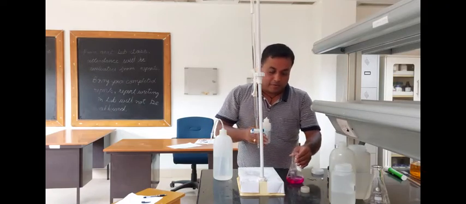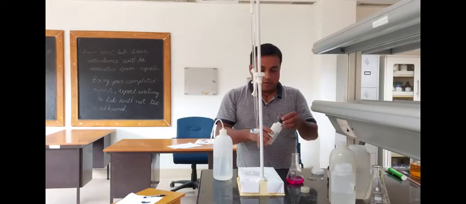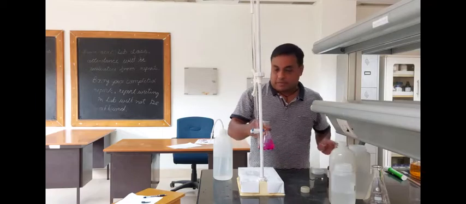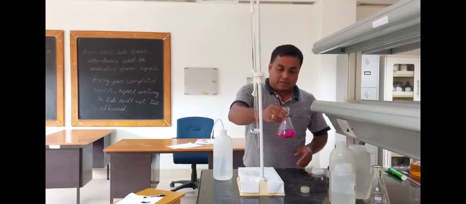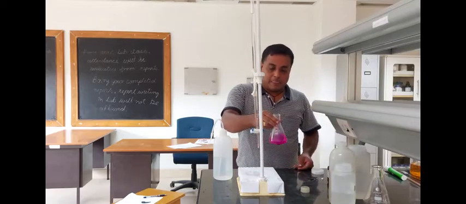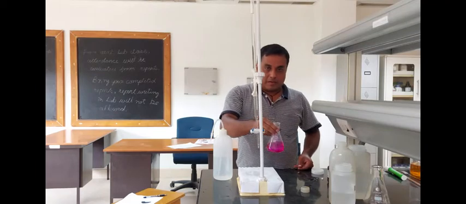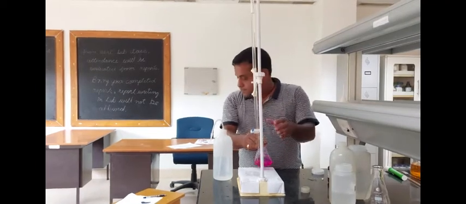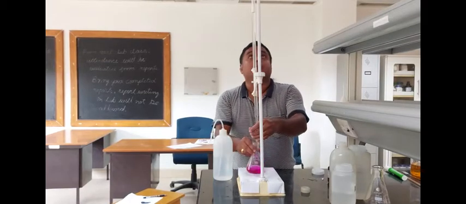The pH is more than 8.3. So we need to titrate now with sulfuric acid so that the pink color disappears. See, for the synthetic water the pink color appears and there is high pH. 12.8 was the initial reading.